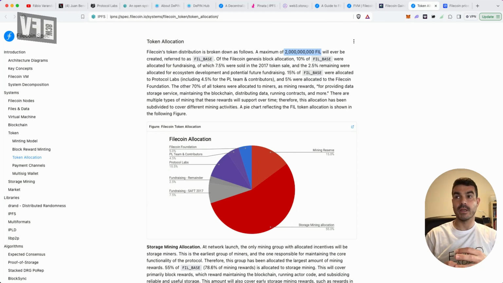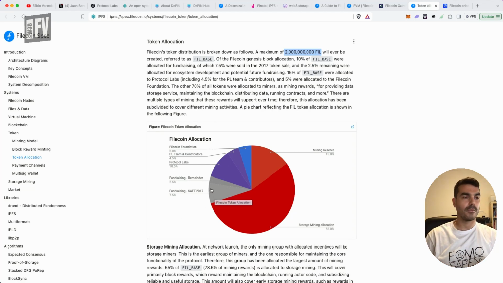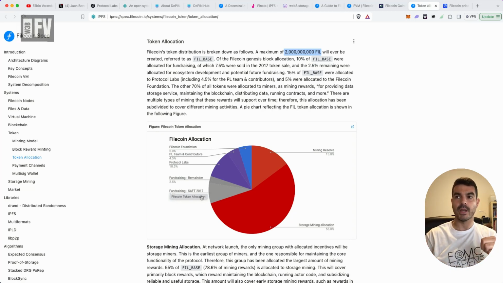The FIL token, as already mentioned, is the native token of this network. Users pay for services using this token, and the miners receive this token as a reward. There is a max supply of 2 billion FIL tokens. In 2017, an initial coin offering, an ICO, was carried out to raise funds to start developing this network. 7.5% of all of these tokens were distributed at the time in 2017 to the people who entered this ICO. 2.5% are still here, kept for potential future fundraising.